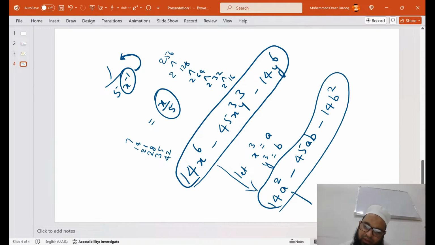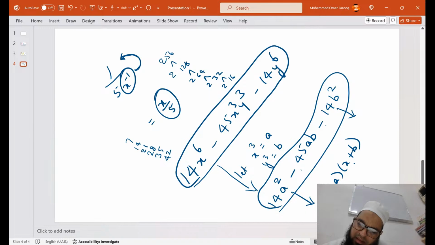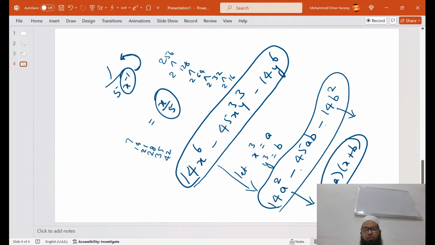You have a perfect square here and a perfect square here, but you have minus over here, so you can factorize it as a product of two binomials. It is a good problem, but 14 will not work out here. I think the question may be wrong, so please check it.